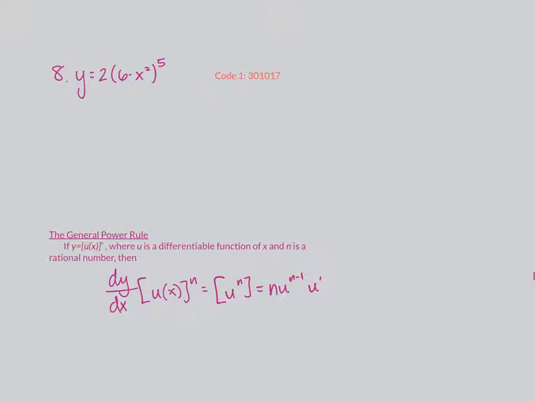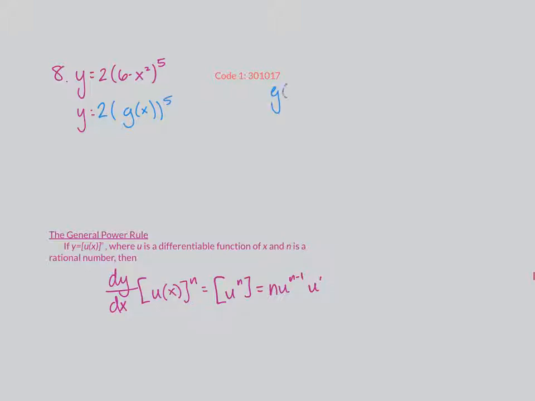So let's look at an example. In 8, we're given y equals 2 times 6 minus x squared quantity to the fifth. So we're going to break this up a little bit. What I'm going to say is y is equal to the composition of f of g of x, right? And notice that I can sub out the 6 minus x squared for g. So really this is y equals 2 times g of x to the fifth.